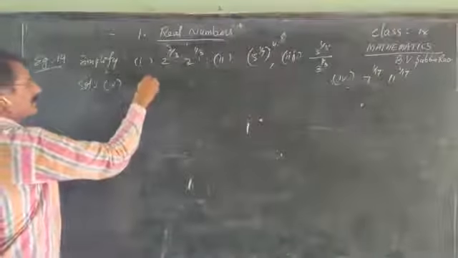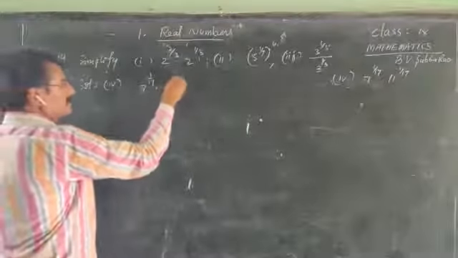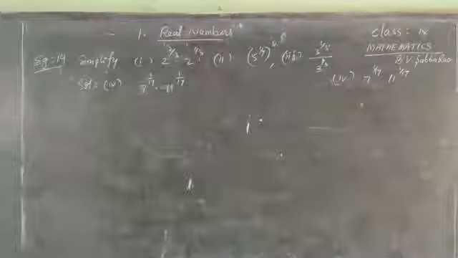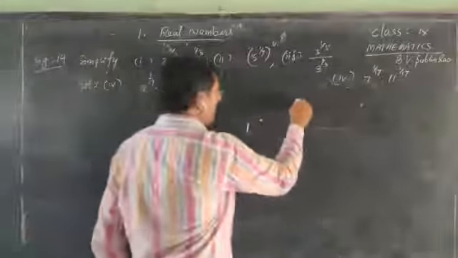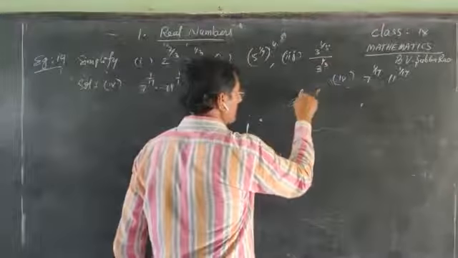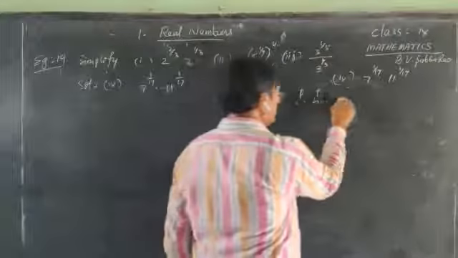7 to the power of 1 by 17 into 11 to the power of 1 by 17. Now it is exactly like a power p into b power p. The exponents are equal with different bases.